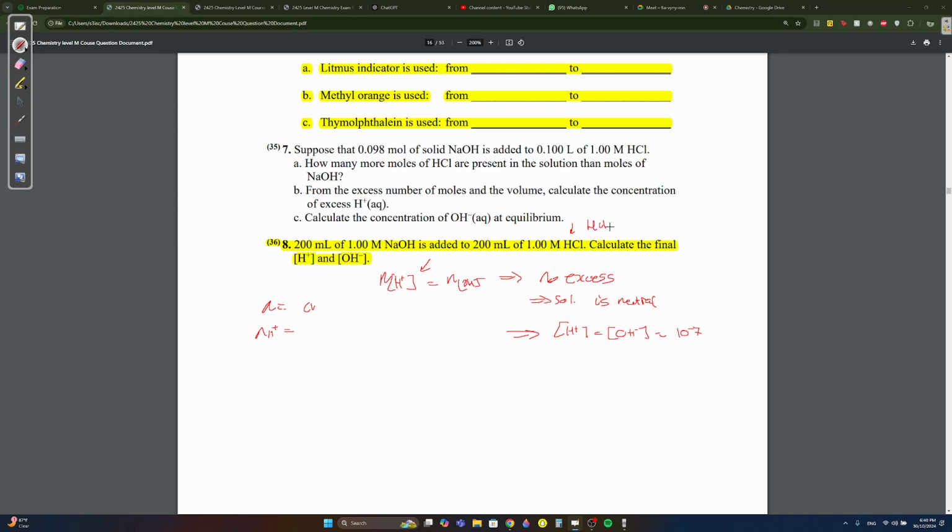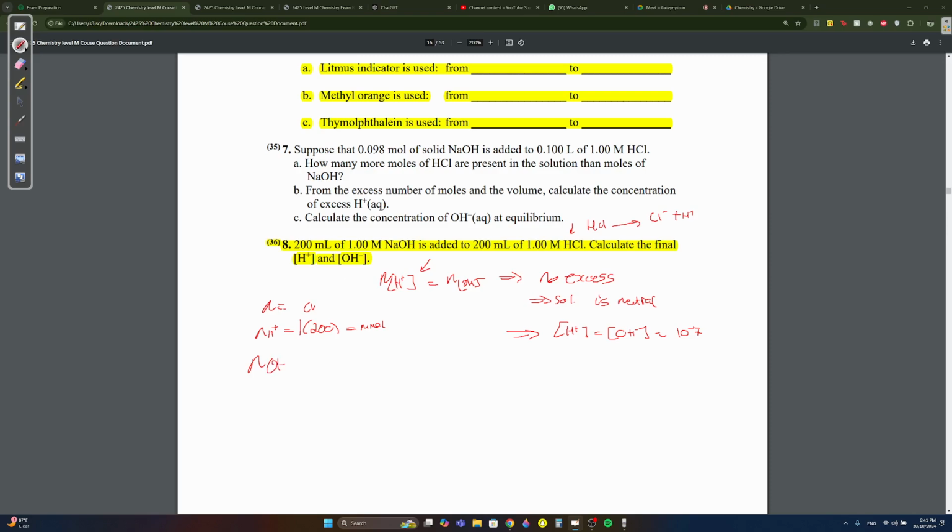HCl, which dissociates to give Cl minus and H plus. Since they have the same coefficients, they have the same concentration. So n is equal to CV, the concentration is 1 times the volume is 200. Let's just keep it in terms of millimole, because when you're comparing, if you're using milli for both of them, it doesn't matter.